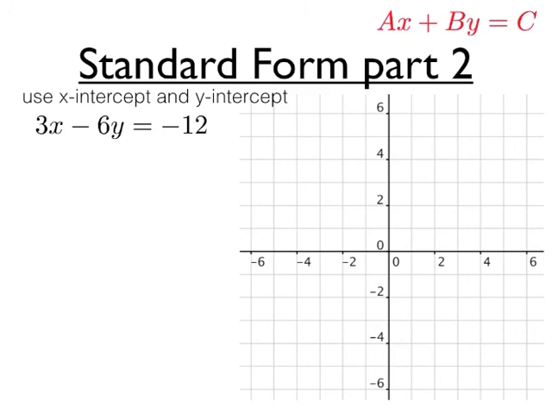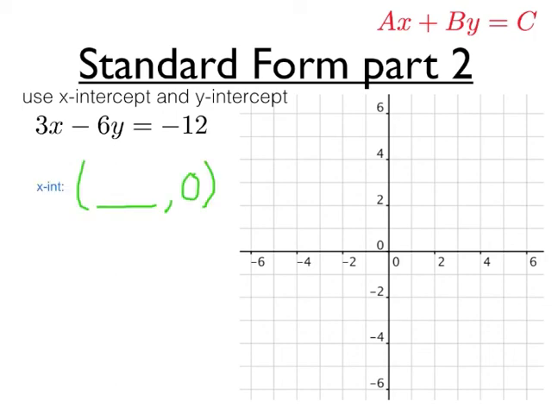The other method for using standard form to draw the equation of the line is to find the x-intercept and the y-intercept. The x-intercept is a point on the line that crosses the x-axis. Now that point will have a y-coordinate of 0.